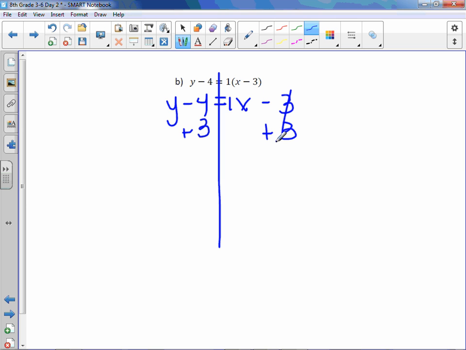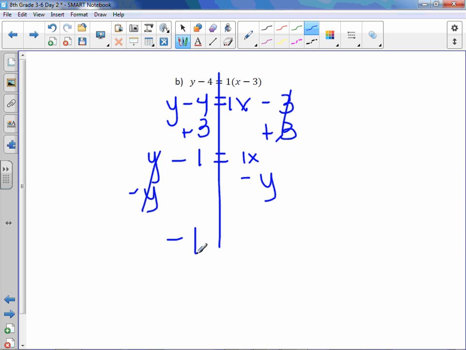These cancel out. And now negative 4 and positive 3 are like terms, so combine them. You get y minus 1 equals 1x. Oops, that should be an x. But I need the number by itself, so I'm going to subtract y from this side to move it, and subtract y from that side.